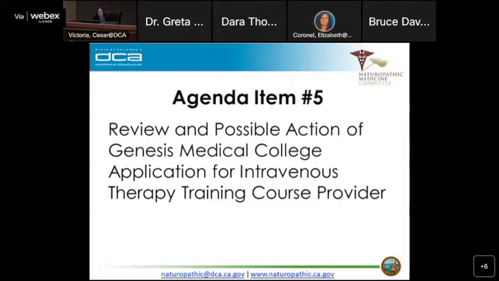I note the code specifically says there has to be a practicum section with the observation of at least 10 IV setups and the successful completion of at least 10 IV setups. So I don't believe that's represented in the curriculum, and if that's the case, that would be another gap.